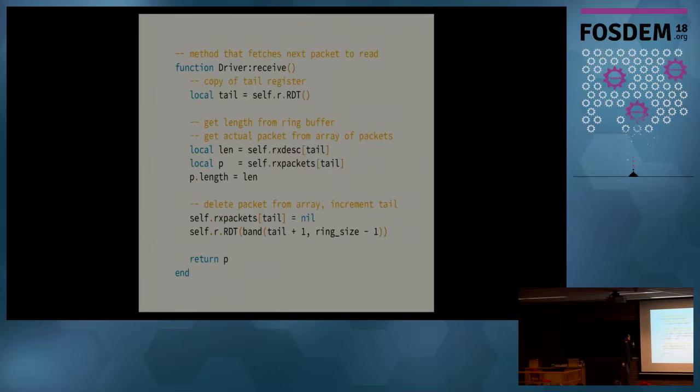And then using that register value, you index into the descriptor ring to get some metadata about the packet. And then you also use the same index to look up the actual packet buffer in the self.rx_packets array. And then after you do that, you delete the packet from the array because you no longer need it, and we'll allocate a new one. And then you use this self.rdt call to increment the tail pointer. So it's pretty straightforward. The code's pretty easy to read, and it's very short.